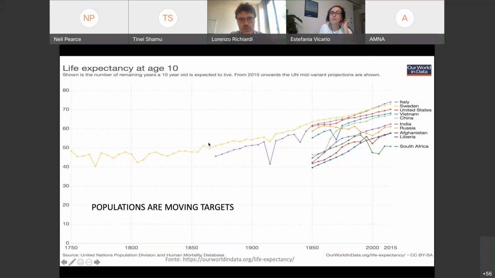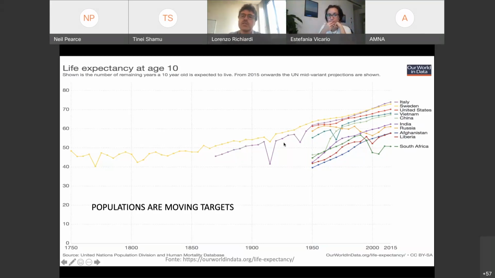But you can see here that life expectancy has been increasing over time in most of the populations. These are just examples. So in Sweden, it's the yellow one. But we have Italy here, which is the purple line.